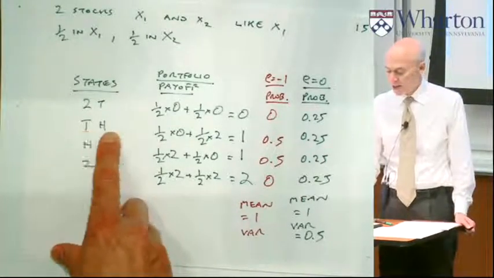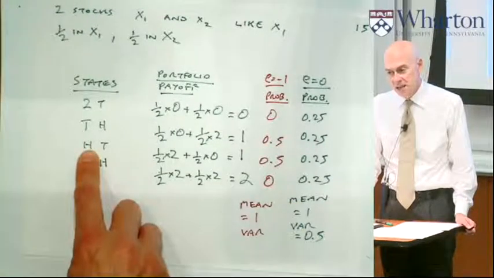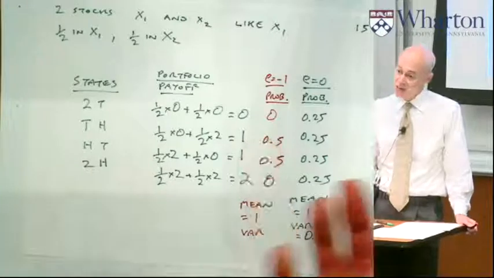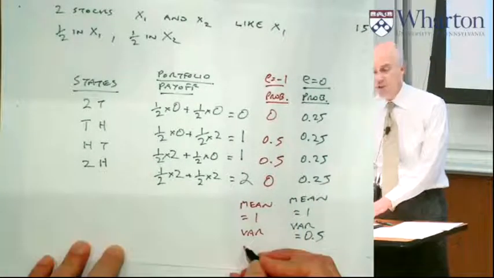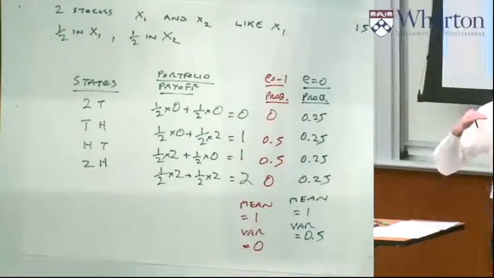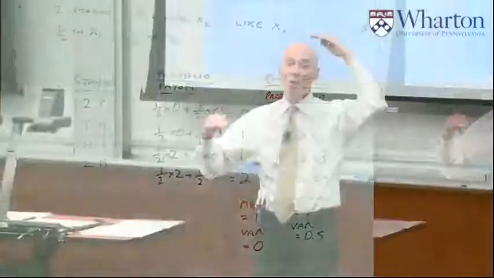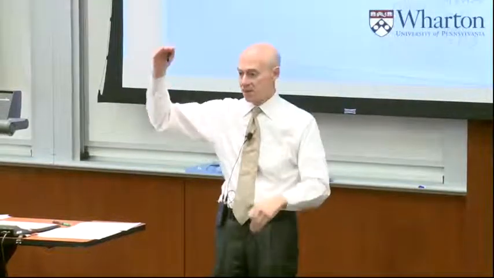So the probability of tail head is a half. The probability of a head first is a half, and once we know it's a head, the second is a tail. So the variance has gone down to 0. By having this -1 correlation, when one is high the other is low, and vice versa, we've got rid of the risk.